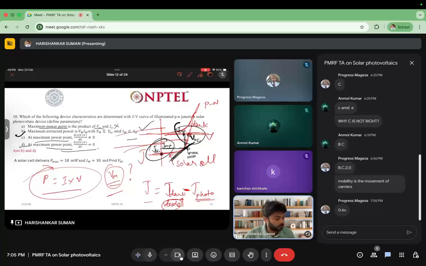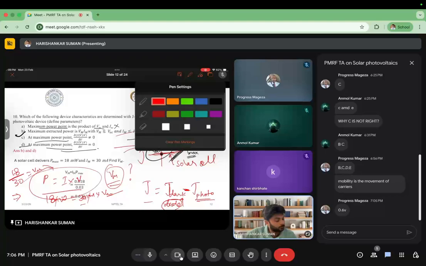Others, please try to solve. You have just 18 milliwatt equal to I max, which is 30 milliamp, and you have to find V max. Milli cancels out. 18 by 30 will give you 0.6. Yes, very good.